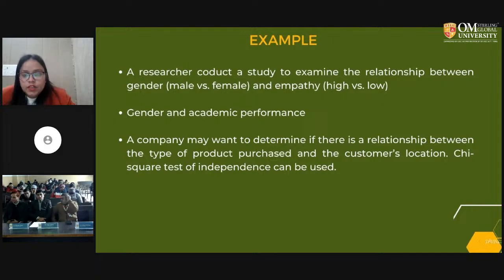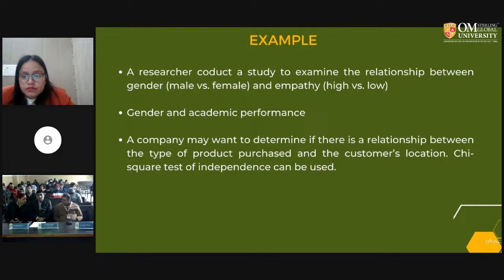So basically, this data can be converted into a table, and then chi-square works on the expected and observed values, and then gives you the analysis result, on the basis of which we can interpret whether you have to accept or reject the particular hypothesis.